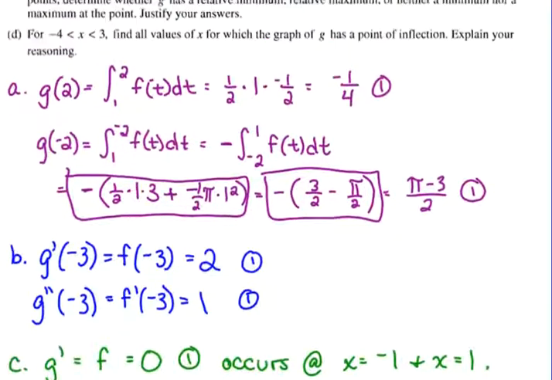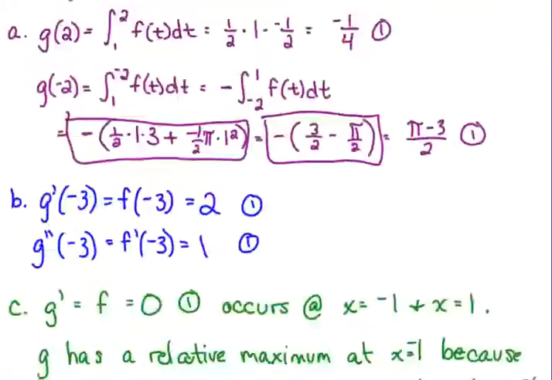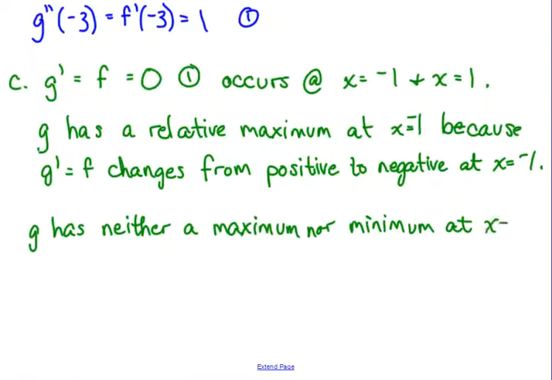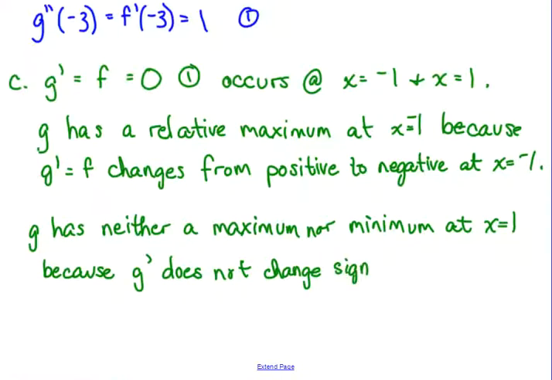Let's analyze at +1. What's happening at +1? There's no change at +1. So G has neither a maximum or a minimum. Technically that would be neither a maximum nor a minimum at x equals 1 because G prime does not change signs at x equals +1.